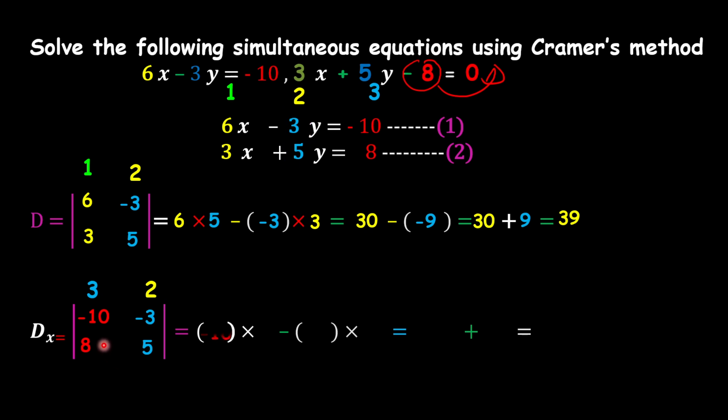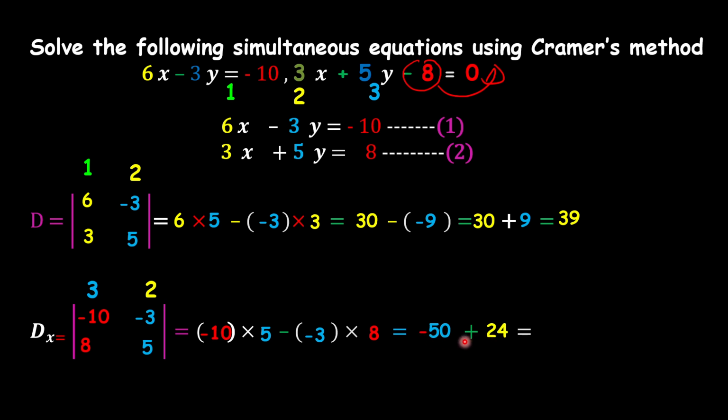Now find the value of determinant dx. First we multiply negative 10 to 5 minus negative 3 multiply to 8. Minus into plus becomes minus. 10 5s are 50 and minus into minus becomes plus. 8 3s are 24. Now observe, 50 has a negative sign and 24 has a positive sign.